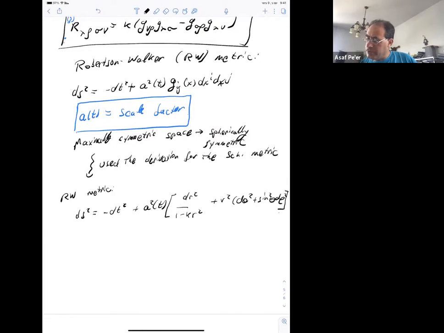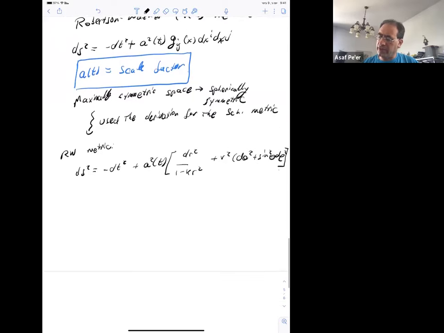So we have two unknowns here, or two parameters at the moment. One is the scale factor, a of t, and the second one is k. But then we noted that while k can take any value, in fact, it doesn't matter because we can always rescale the coordinates.